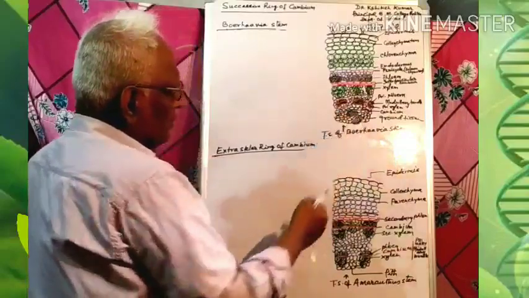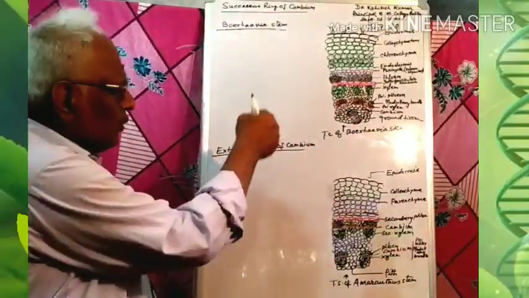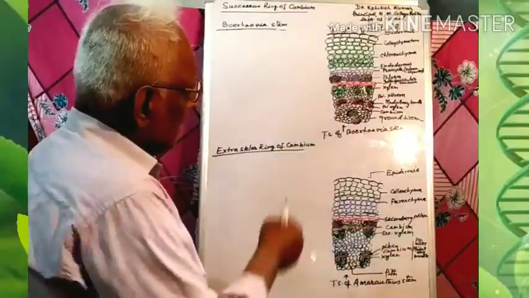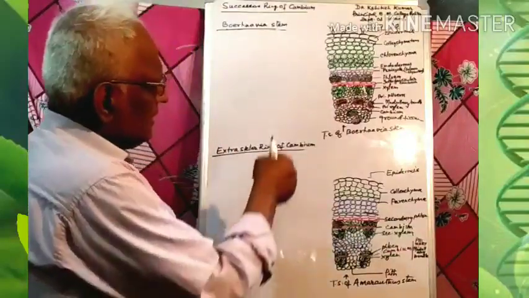These are the 2 vascular bundles situated in the innermost zone of the ground tissue, that is inside the pith.